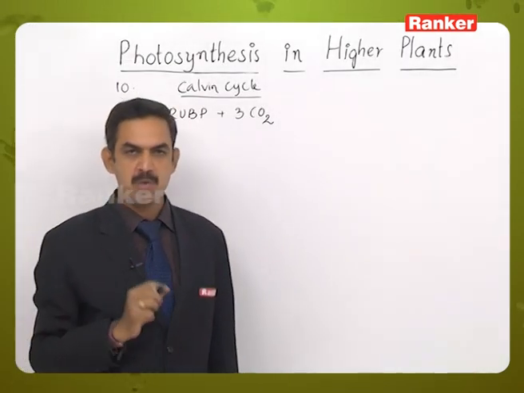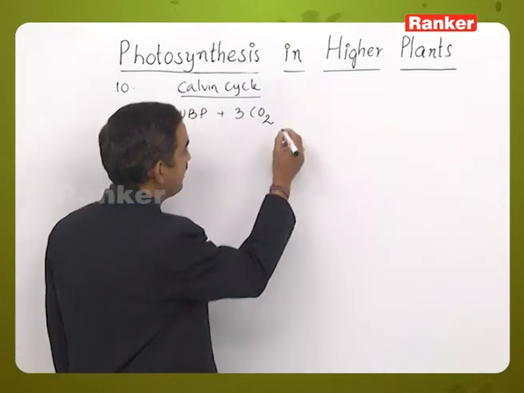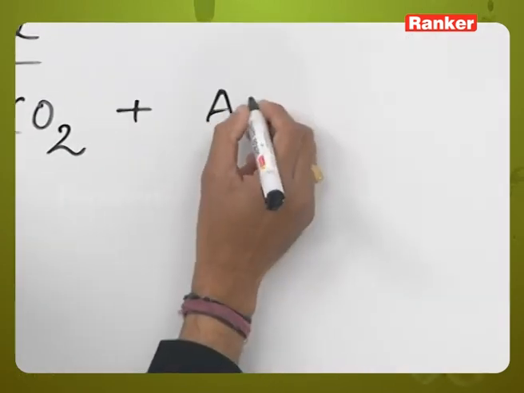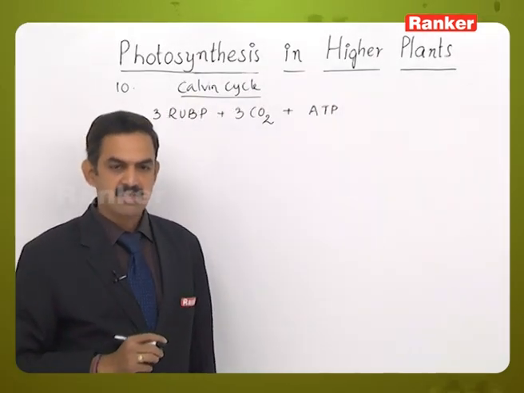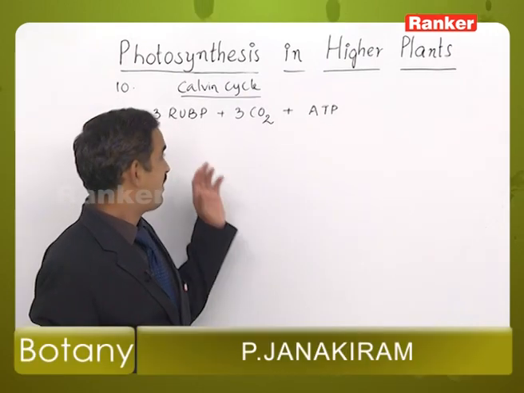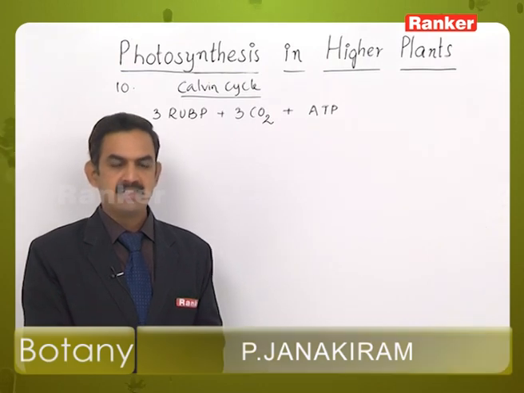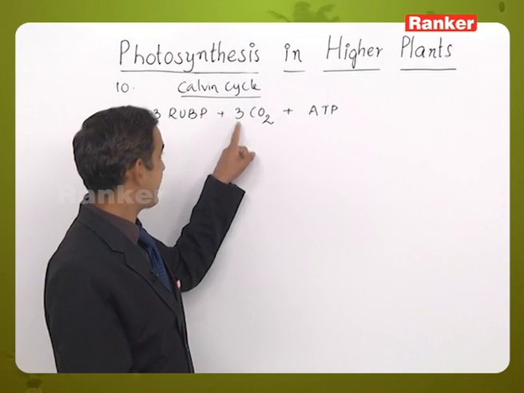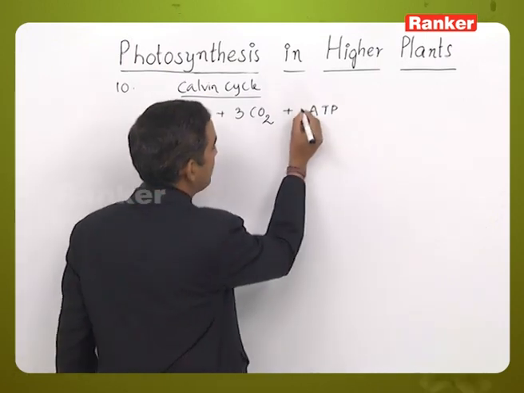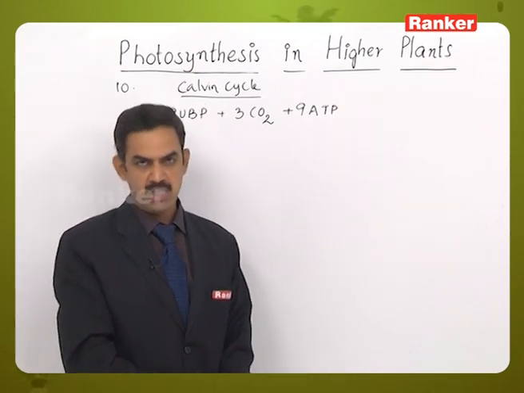Each RuBP will accept one carbon dioxide, and for this process they utilize energy in the form of ATP. So when one carbon dioxide molecule is accepted by one RuBP molecule, they require 3 ATP molecules. So as it is 3 carbon dioxides, the number of ATP required will be 9 ATP molecules.